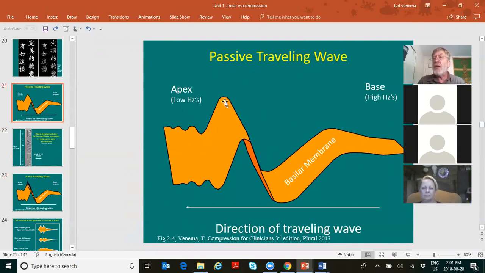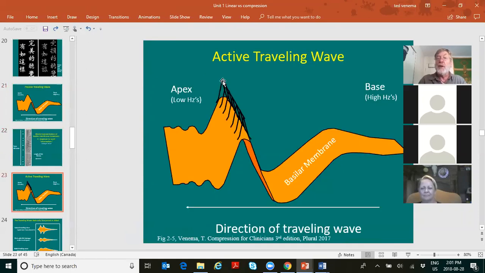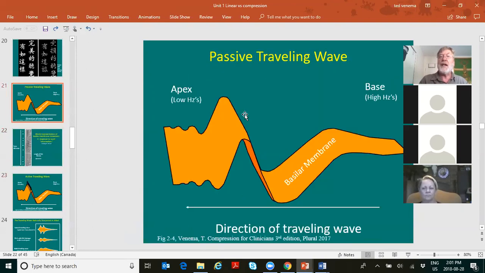If you put a 1,000 hertz tone in the person's ear, hair cells from perhaps 1,100 to 900 hertz might respond. You've got a whole spread. Whereas with normal outer hair cells, you have a sharpened traveling wave so that only the hair cells at 1,000 hertz are stimulated and not the ones beside. That's why this person can't separate frequencies close together. He can't distinguish speech from background noise, even with his hearing aids.